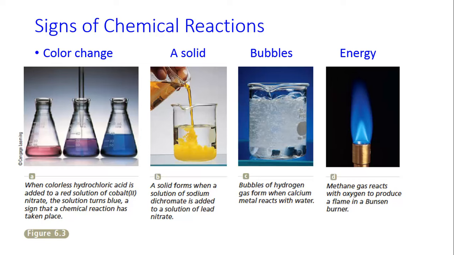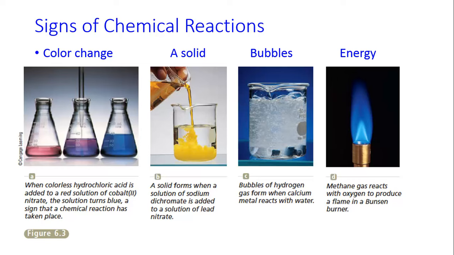There's actually another one, number 5, I'll tell you about. Number one, color change. We combine two liquids and we see a change in color, which is a sign that a chemical reaction happened. You take two liquids and you combine them and a solid is formed.